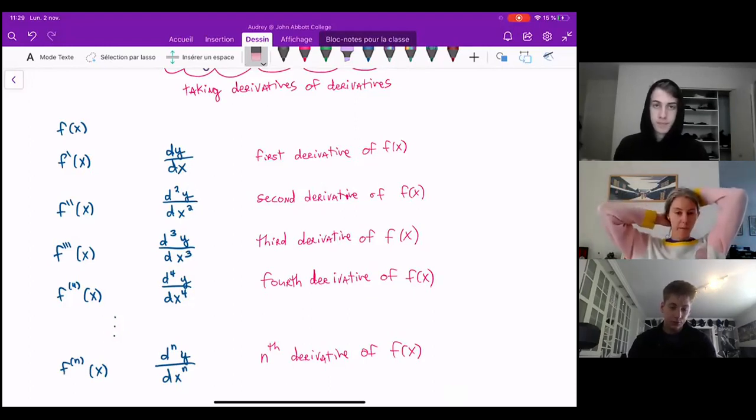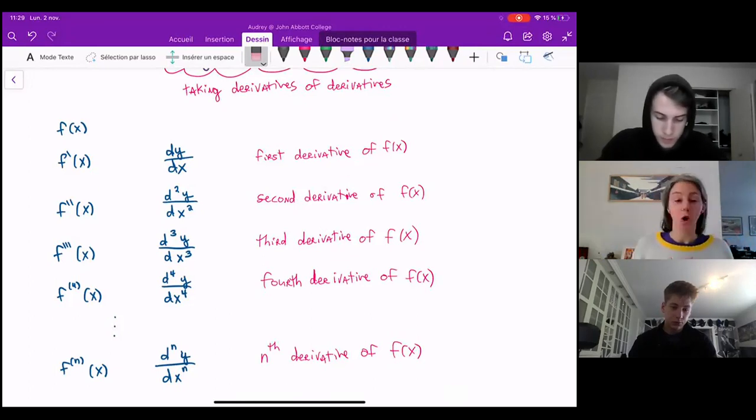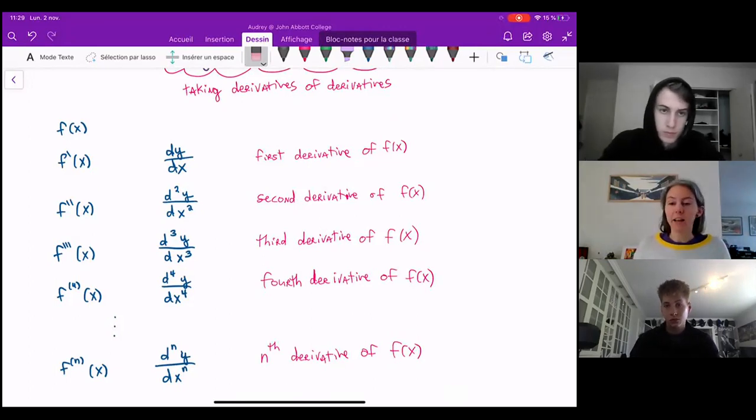Okay, so the main thing that you need to know about taking higher order derivatives is that your life is going to be a lot easier if you simplify every time you take a derivative. Sometimes your life will even be easier if you simplify before you start taking derivatives.